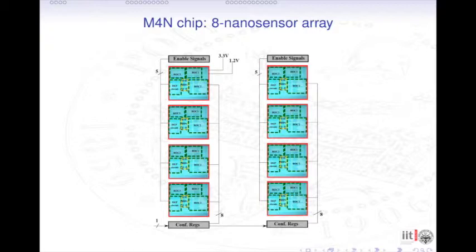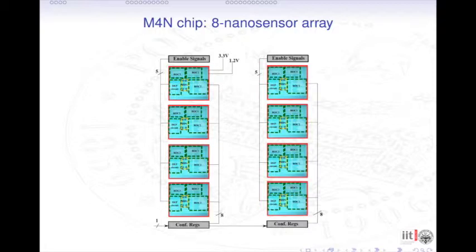Each element is composed of 3 readout circuits, 3 nanosensors, and 1 DP generator. There are 5 enable signals to enable the circuits in the 2 different phases, the dielectrophoresis and the readout phases.